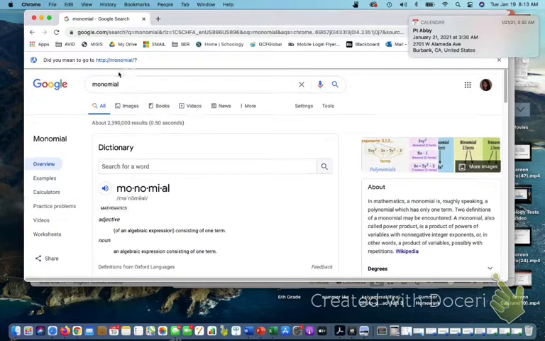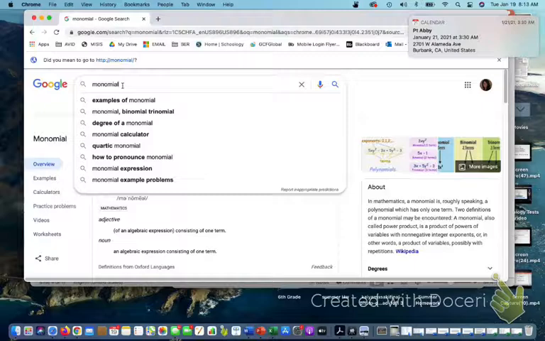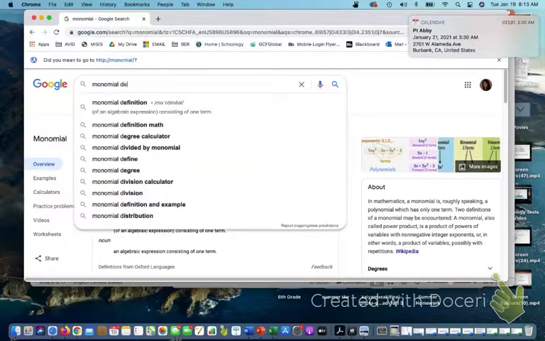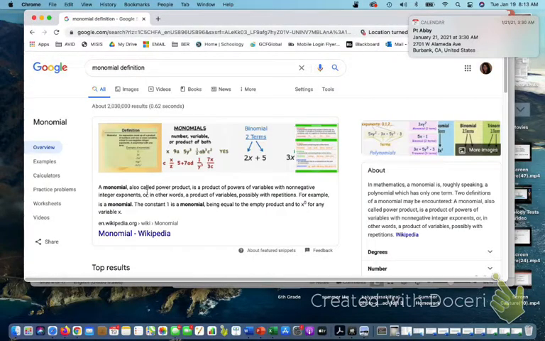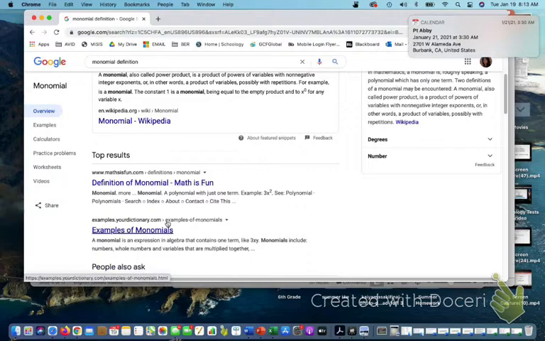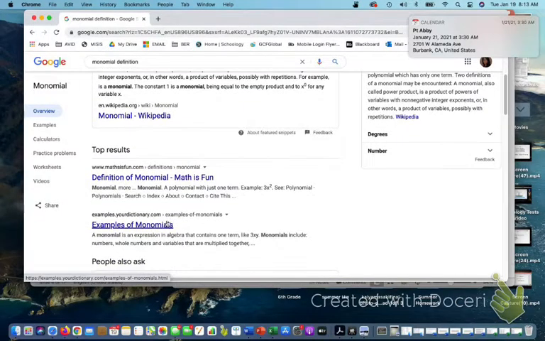Well, it has to be a whole number. Let's see. Also, it is the product of powers of variables with non-negative integer exponents, or in other words, a product of a variable possibly with repetitions. I don't know, I'm not seeing a great one.